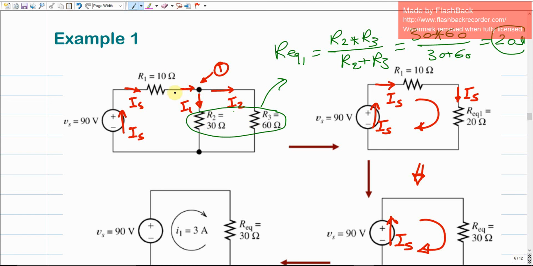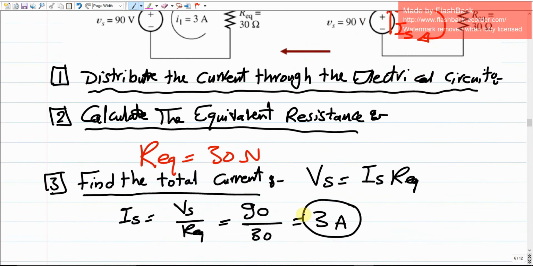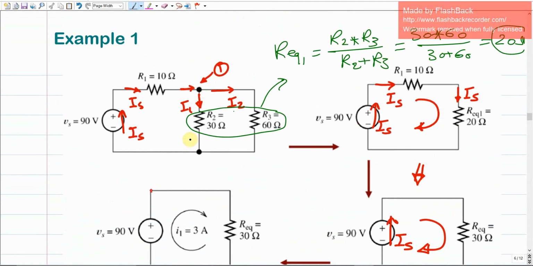We already got it for R1. We do have a value for the current over R1, which is IS, which we just got as 3 amperes. But how much is the current over R2, R3? We have no clue. We have to find it. We can find this by applying Kirchhoff current law and Kirchhoff voltage law, but we don't need to apply these through this method.